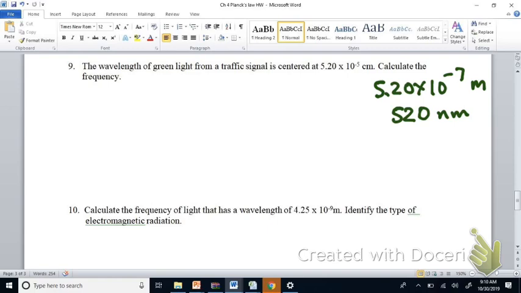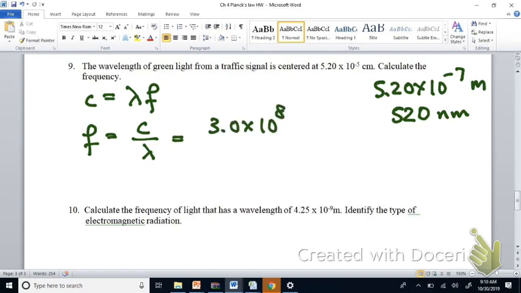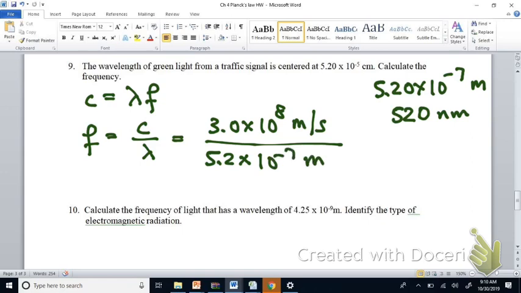We want to find the frequency, so remember c equals lambda f, which means f equals c divided by lambda. 3 times 10 to the 8 meters per second divided by 5.2 times 10 to the minus 7 meters. And again, the meters will cancel. My answer will be in an inverse second or a hertz.